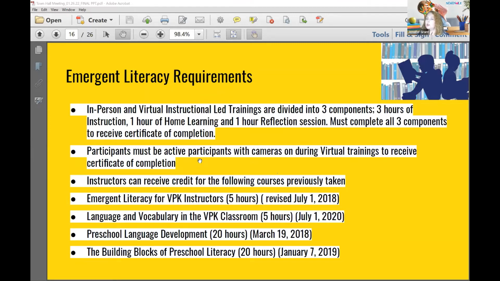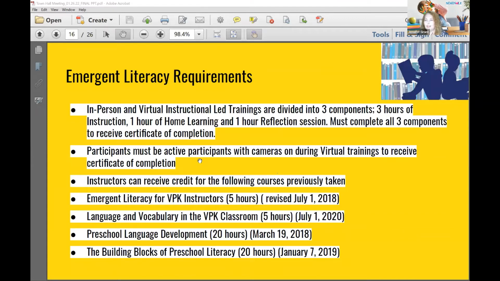So you can see emergent literacy for VPK instructors that was revised as of July 1st, 2018. If you took it on July 2nd of 2018 and it was this course, it will meet the requirement. Language and vocabulary in the VPK classroom, if you took it on June 30th of 2019, it doesn't count.